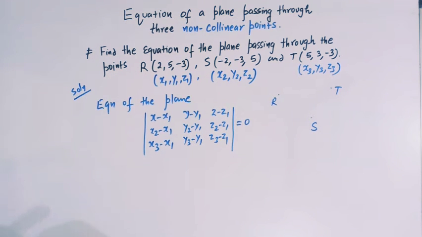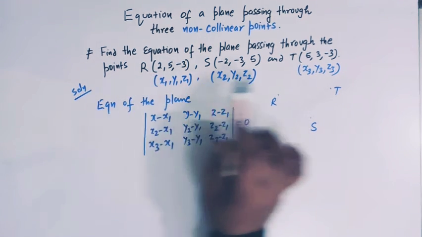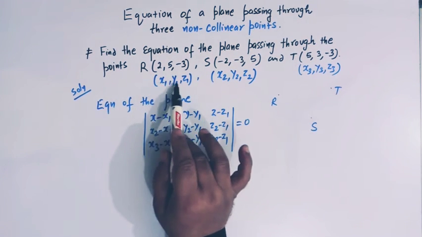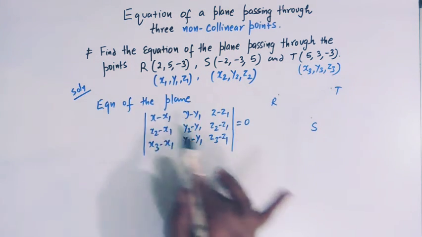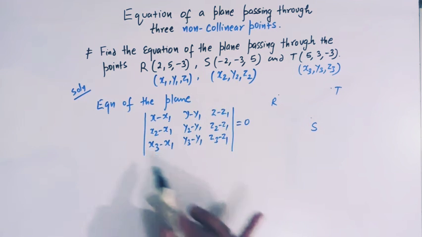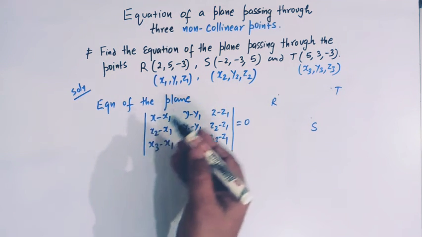Now we will substitute the values of x1, y1, z1, x2, y2, z2, x3, y3, z3 in this equation. So let us see what we get.